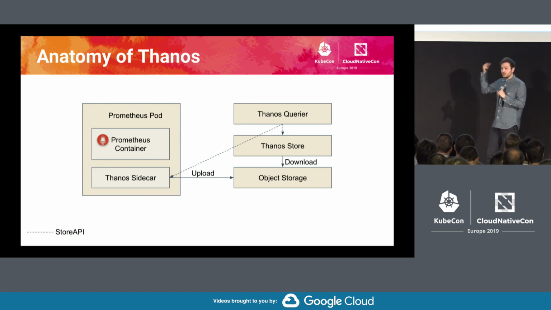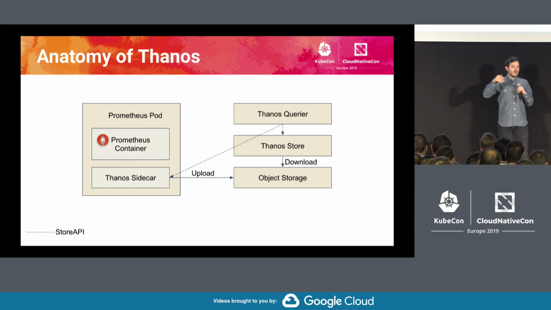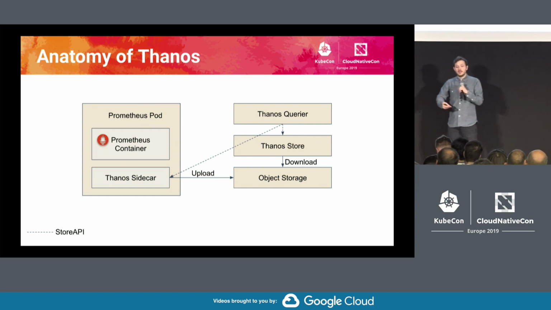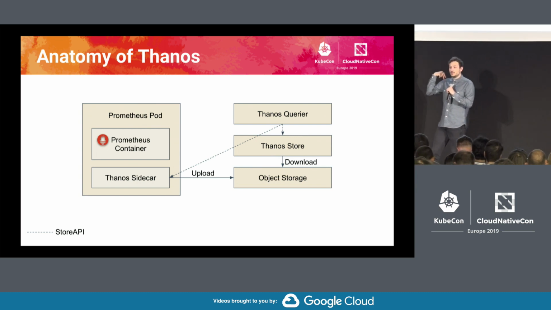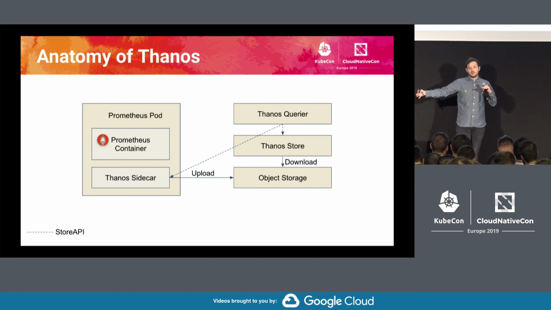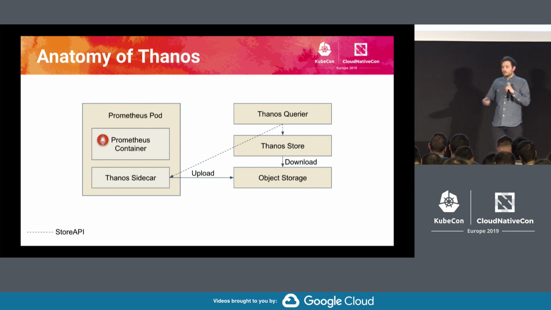And that way, the Thanos Querier can read all the live data from the Prometheus that is live appending data, and the historic data from object storage. And that way, this is how the long-term storage part was solved, because we can treat object storage essentially as an endless bucket of storage.